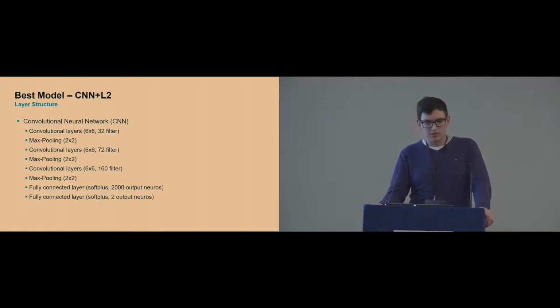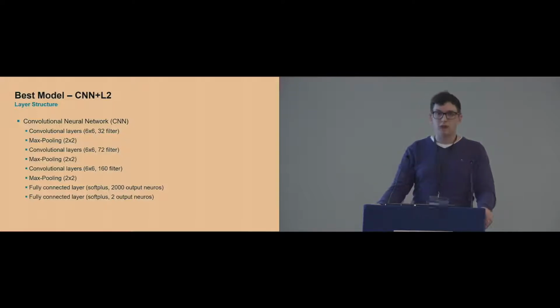We used 3 convolutional neural network layers. After each layer, we used a pooling layer, and the filter size was always the same for the convolutional layers, and we applied 32, 72, and 160 filters. We achieved all those values by applying a grid search and narrowing down from a wide variety to what worked out best for us.